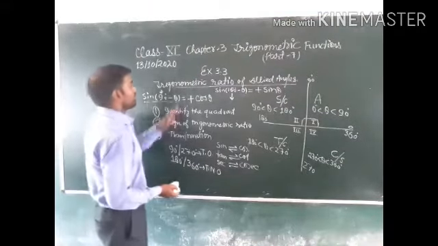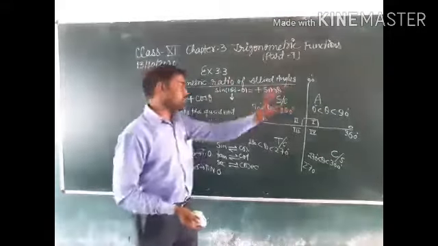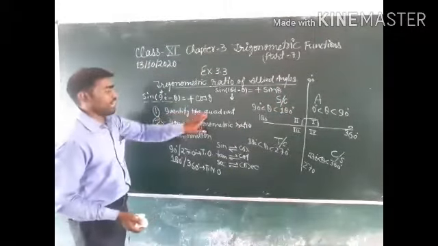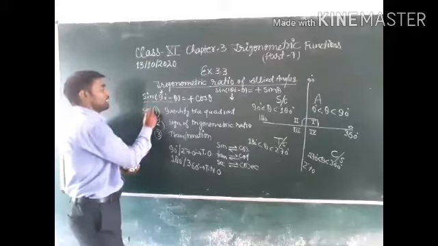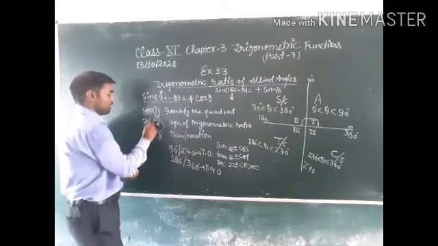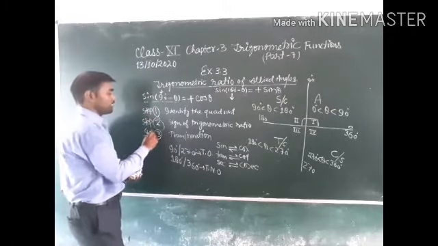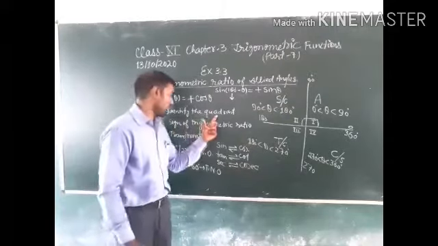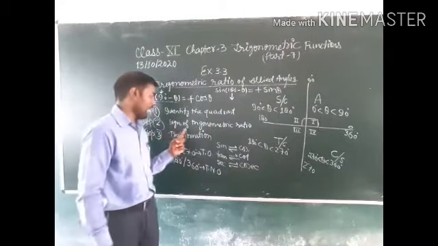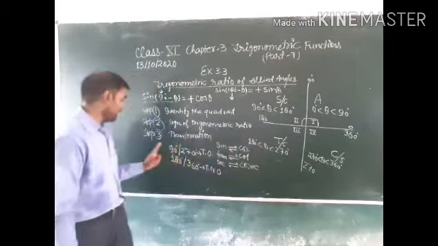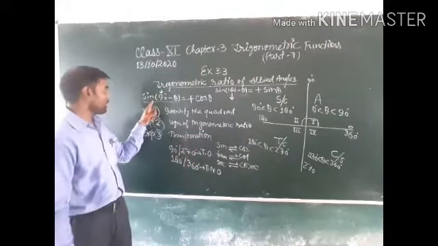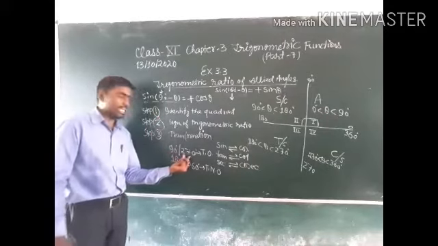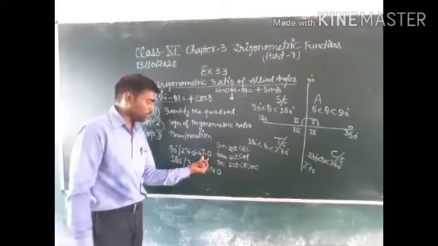Now, to write the trigonometric ratio of a right angle, first of all, you identify the quadrant. This is the first step, this is the second step, this is the third step. The first step is identify the quadrant, the second step is the sign of the trigonometric ratio, and the third step is transformation. When the trigonometric ratio belongs to 90 degree and 270 degree, transformation occurs.